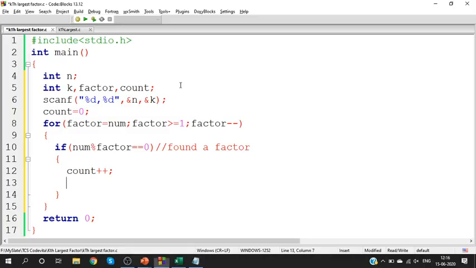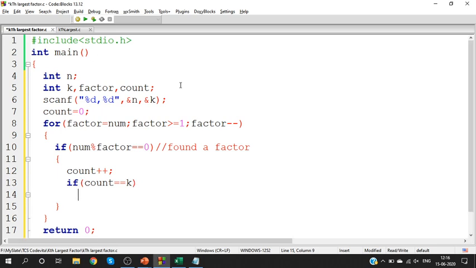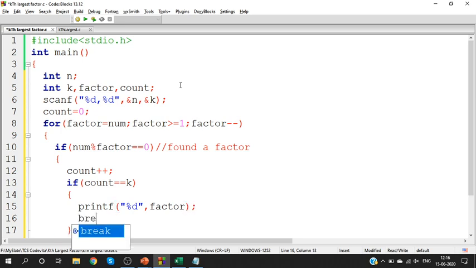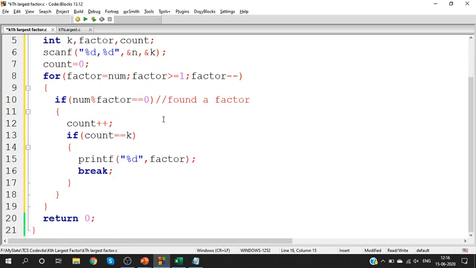So check whether count is equal to k. If count is equal to k, when you reach the kth value, print that factor and break. Can you understand this?